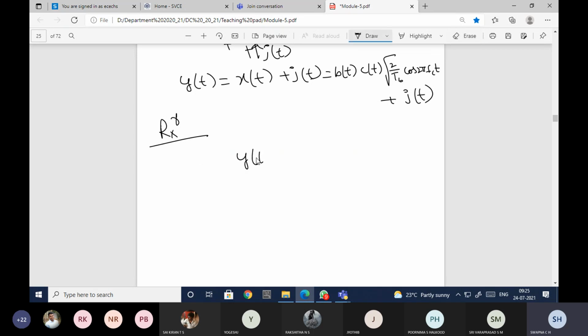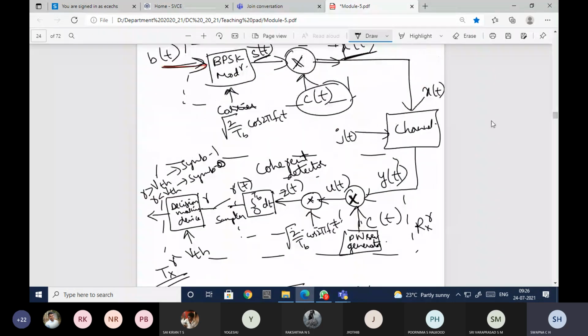Just see the block diagram. y of t is the input to the product modulator, the multiplier here. So y of t will get multiplied with c of t, so that it will give u of t. This u of t will get multiplied with root 2 by Tb cos 2 pi fct, so that it will give z of t.